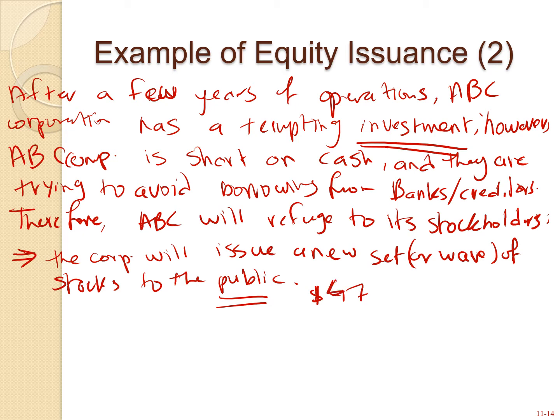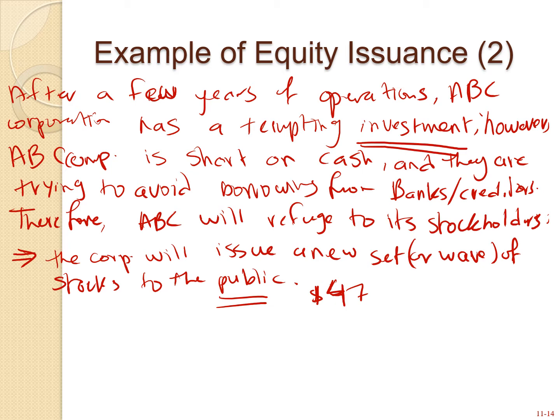The selling price of this new issue per share, of course, will be somewhere around $47. However, if the company is suffering financial distress and they are raising funds to pay their creditors, then the issuing price will be too low, because none of the existing investors nor the new investors are willing to invest their money in a company that is shaky. You never know whether this company will continue its operations, for example.